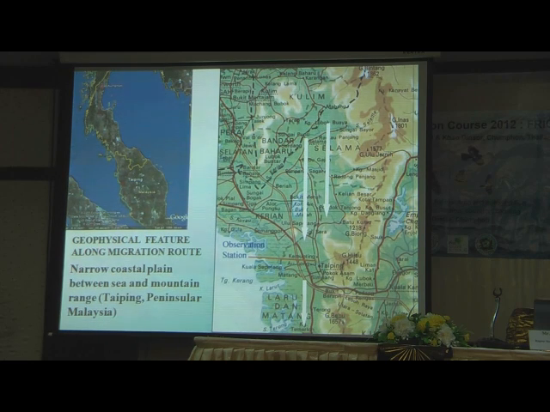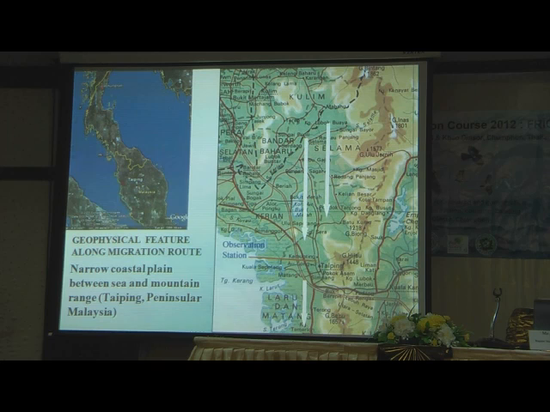Another example, in the Peninsula, most of the migrants will follow the west coast, because in the middle here there's a range of mountains very, very high. So instead of trying to cross over to this side, they will follow the route here.